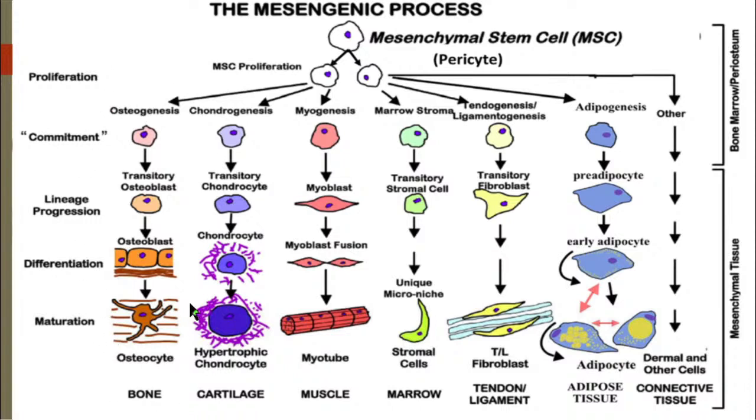This is the formation of bone: osteoblasts, osteocytes, and the stages: proliferation, lineage progression, multiplication, differentiation, maturation. Look at this, we can see how the cells embed themselves inside the mineralized matrix.